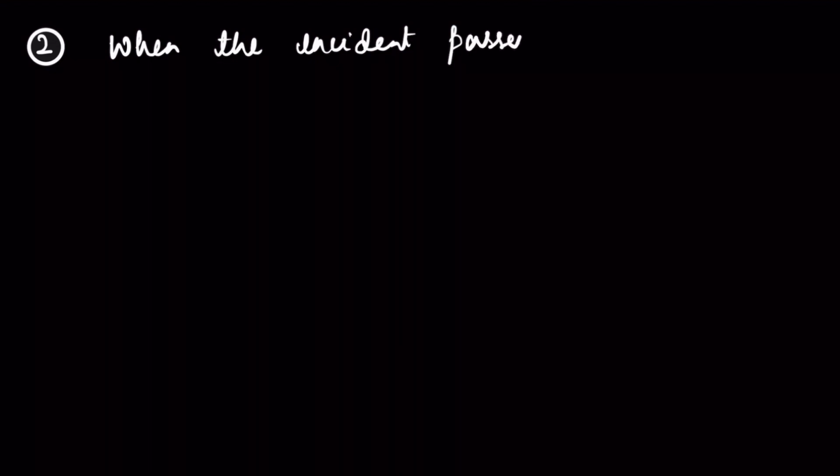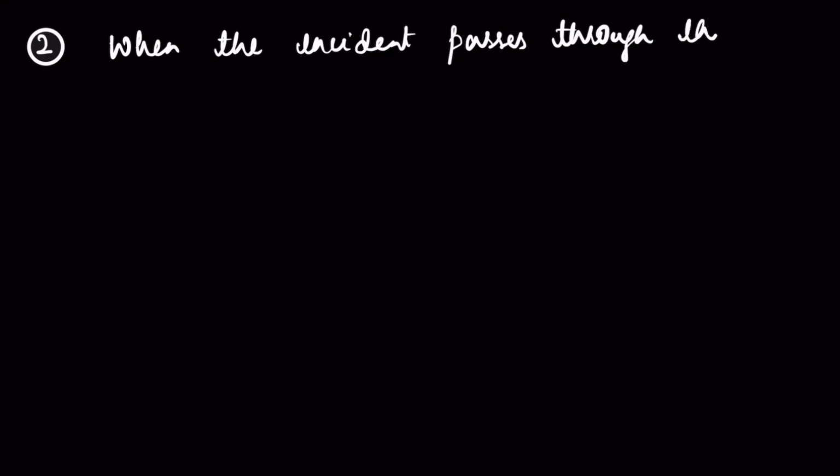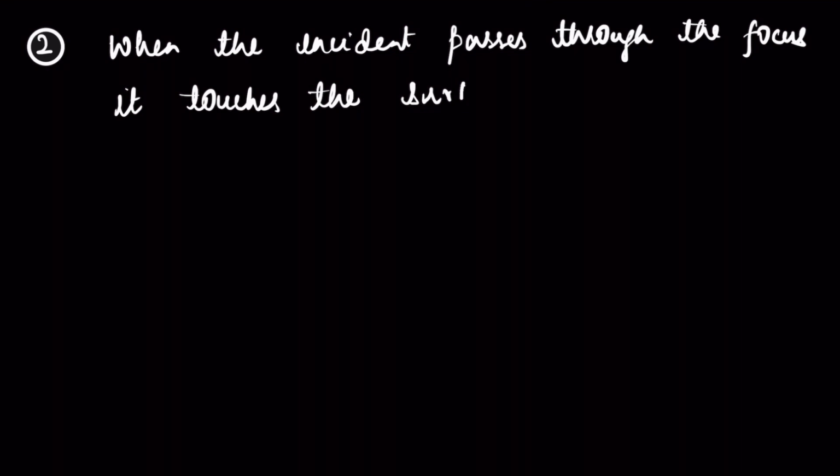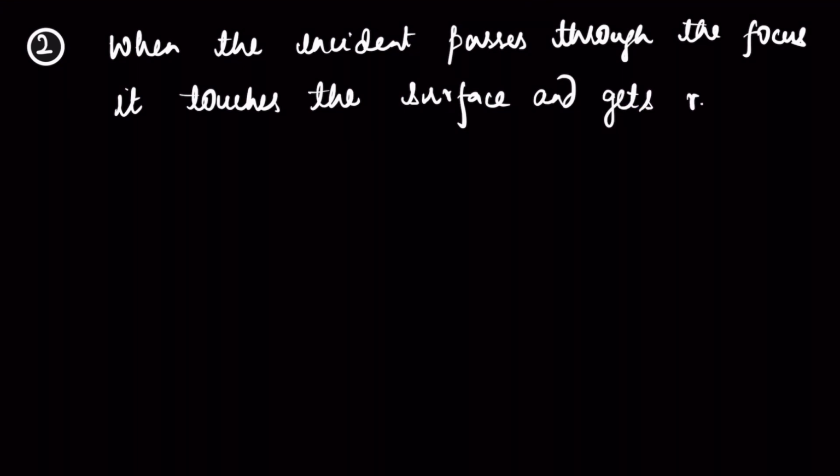The second rule is the converse of the first rule. It says that when the incident ray passes through the focus, it touches the surface and gets refracted.